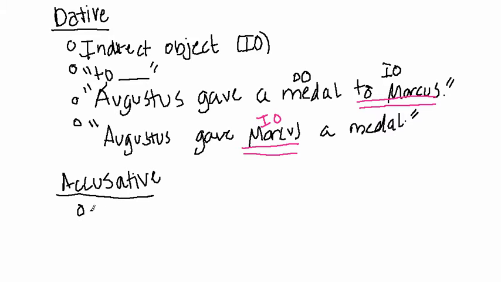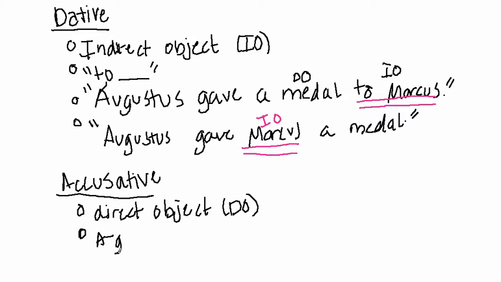Okay, and the accusative functions as the direct object of the sentence. And we just talked a little bit about direct objects. That's abbreviated DO. And a direct object is a noun that receives the action of the verb. So in the sentence I just gave you, I'll just rewrite it again, Augustus gave Marcus a medal.